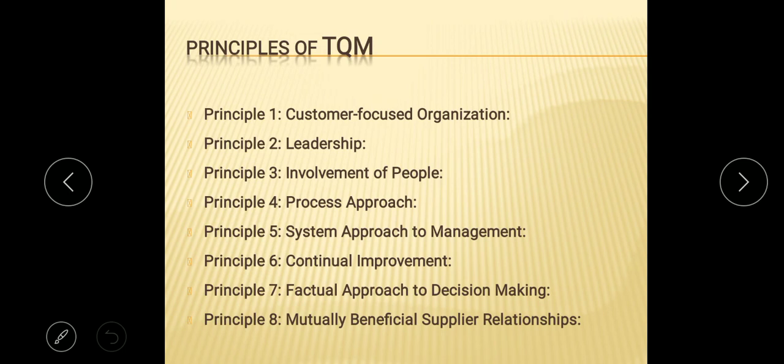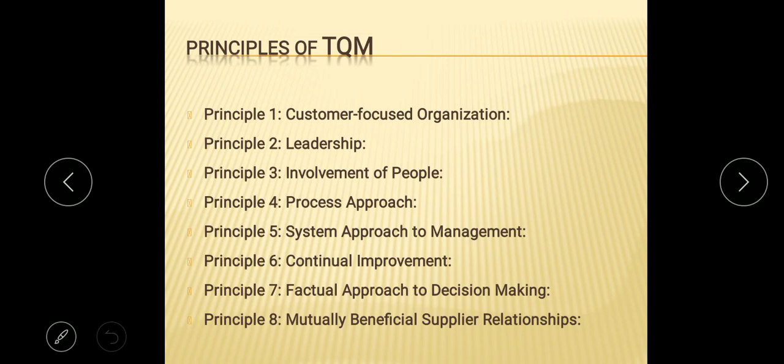Now, if we look at the principles of TQM, we'll see that there are 8 principles in total: customer focused organization, leadership, involvement of people, process approach, system approach to management, continual improvement, factual approach to decision making, and mutually beneficial supplier relationships.